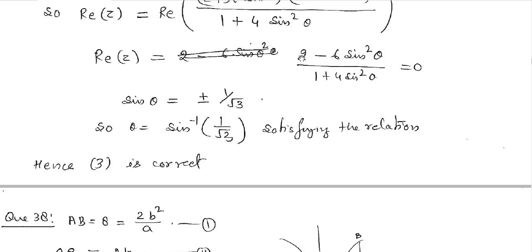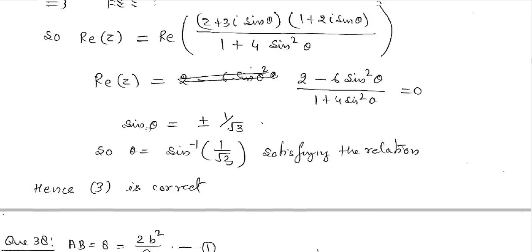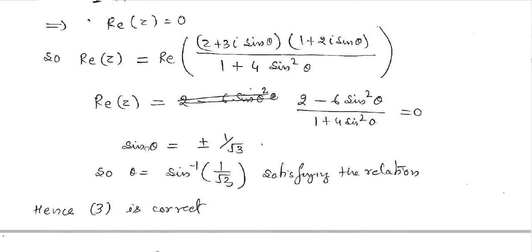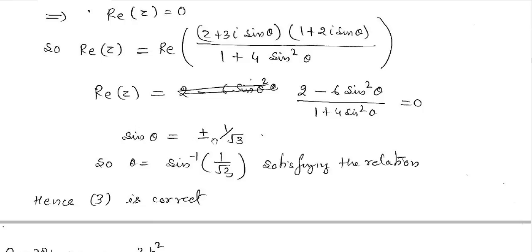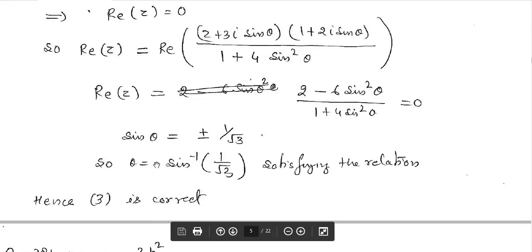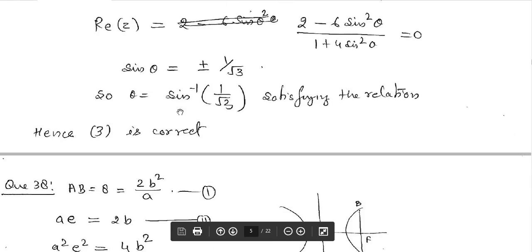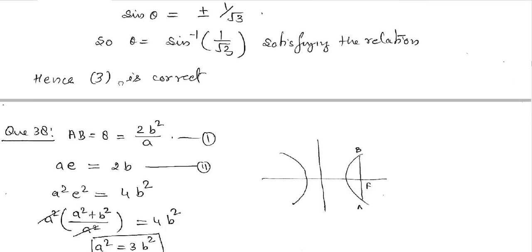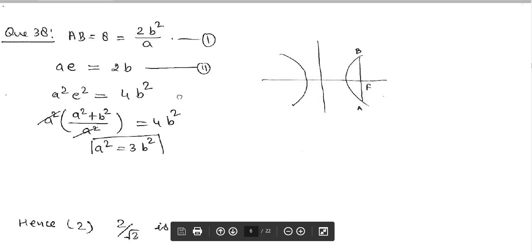You can see here. If this were a trigonometric equation, it would have infinitely many roots. But there were 4 options, and in those 4 options, this was the best option. Correct. Hence the third option is correct.